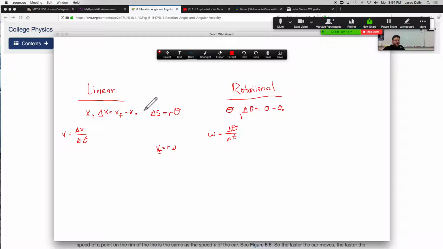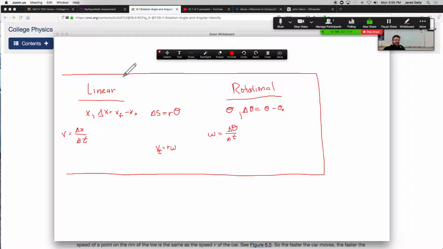So this connects the linear side to the rotational side. It's good to start thinking of movement in these terms: there are linear things, there are these bridge things, and there are rotational things. We'll come back to that in a later chapter, but that's good for now.